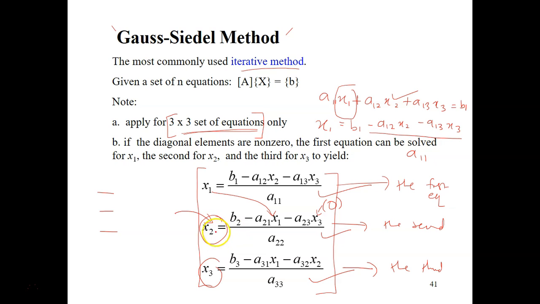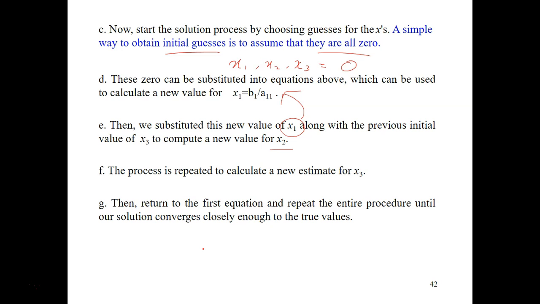And once you got your new value for x2, you can substitute this new value into the third equation here to calculate for x3. x1 still uses the one that you have calculated before. So now you got your x3, and you will end up with new values for x1, x2, and x3. I will explain more in an example later.